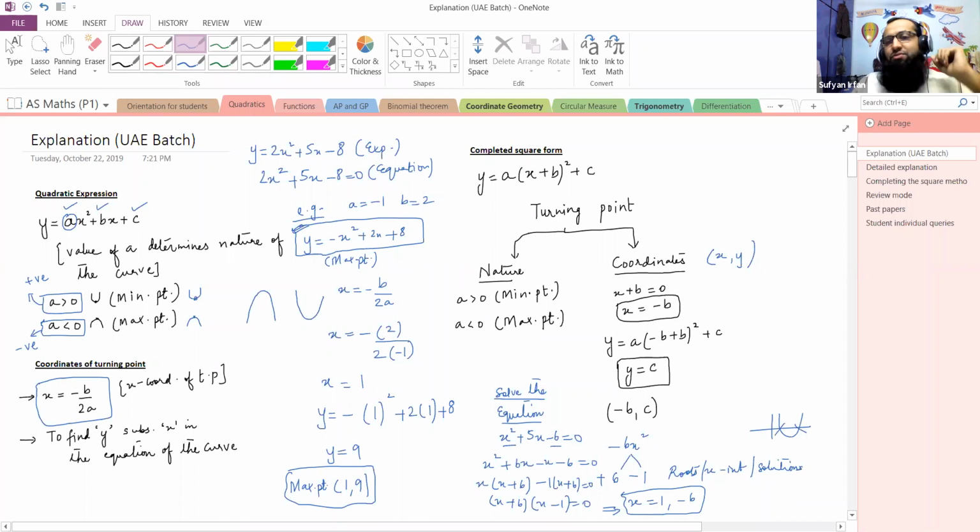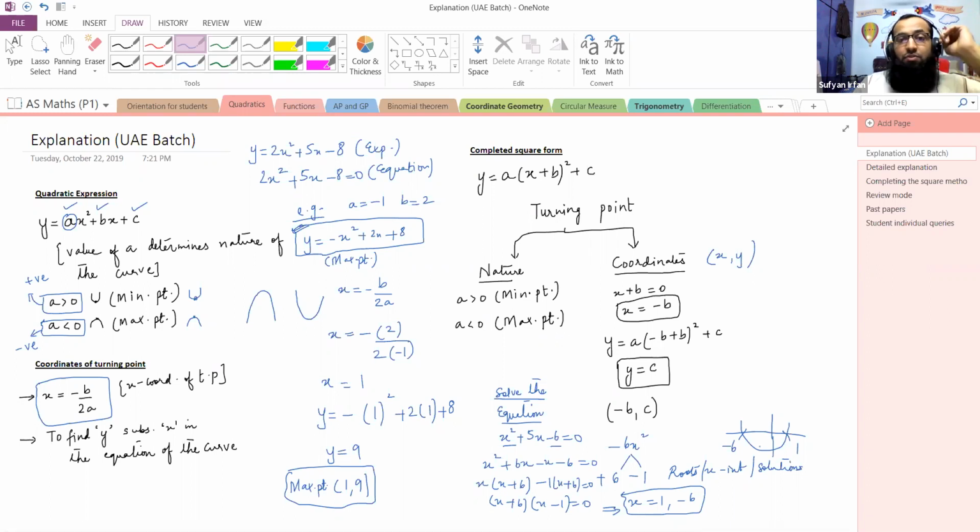If I have been able to find 1 and negative 6, then this means the curve crosses the x-axis at negative 6 and 1. So negative 6 and 1 are the roots of the equation.